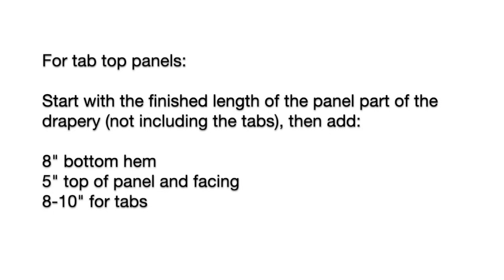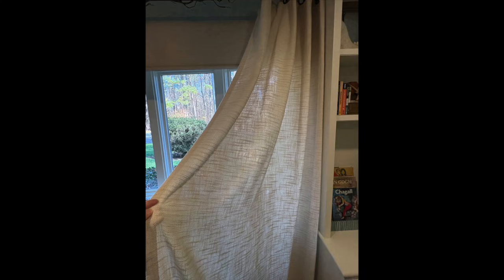You're going to add about 5 inches for the top seam allowance and the top facing that encloses the tabs when you sew them in. And you'll need probably 8 to 10 inches of fabric to make the tabs, and that range just depends on how thick, how big your rod is. Okay, that was really the hard part.